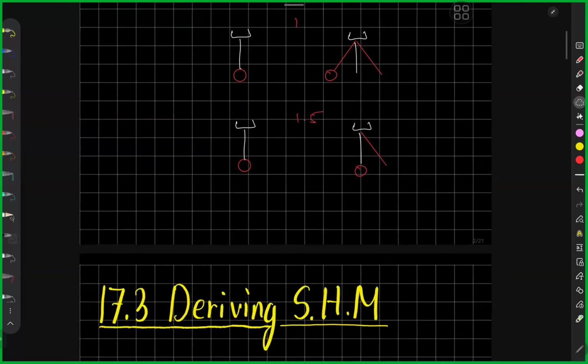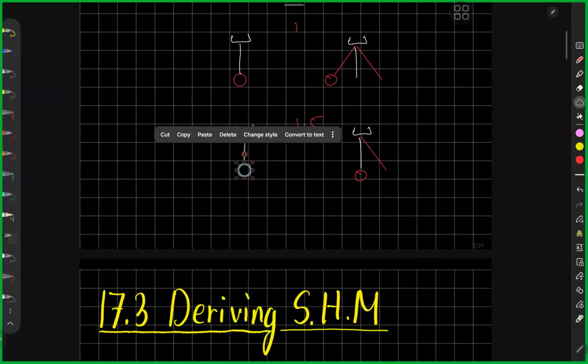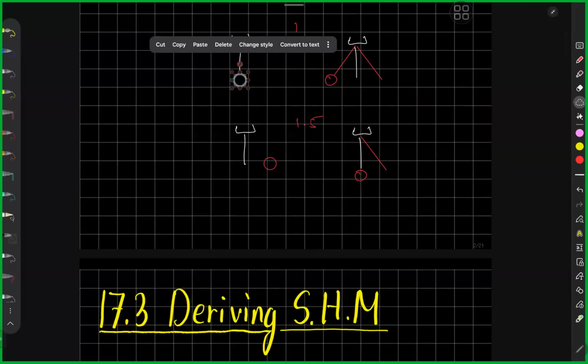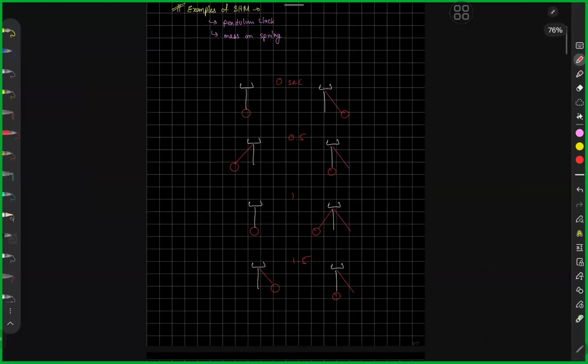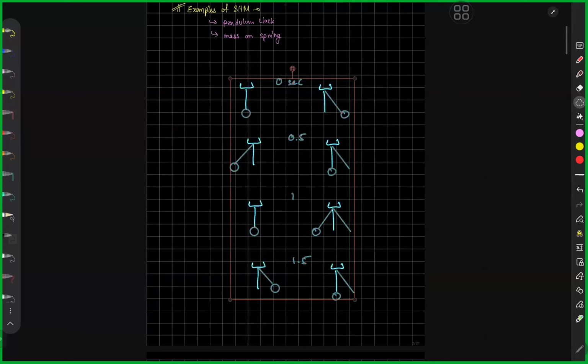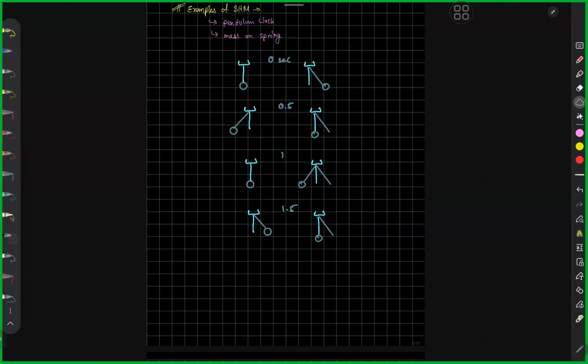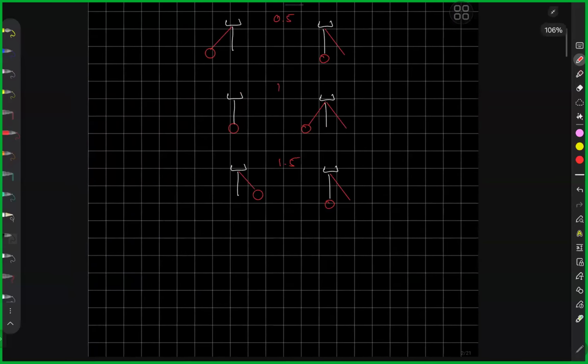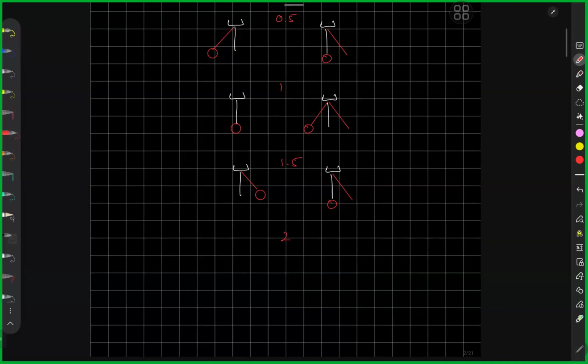For this one, because it was here, it will have momentum in this direction, and it moves rightward. Don't get confused. If you're getting confused, don't worry. Then when 2 seconds are complete, what happens?